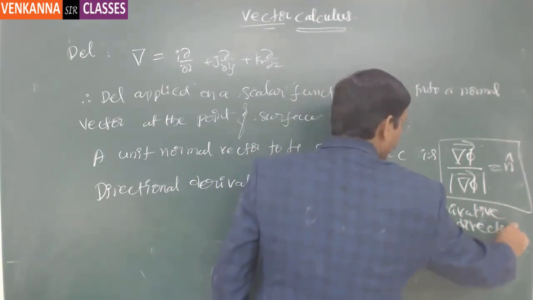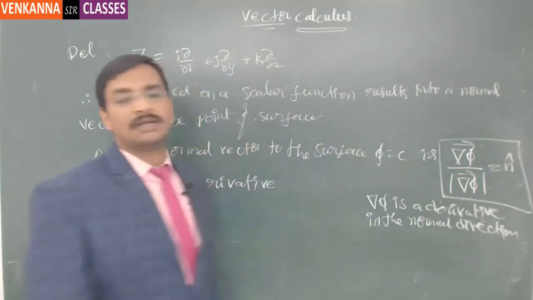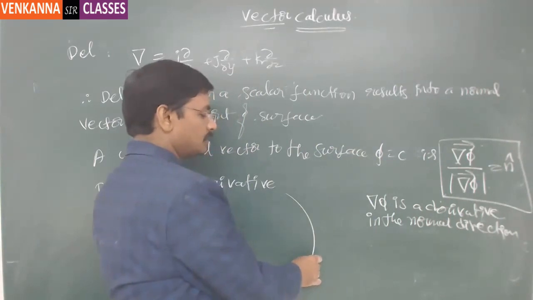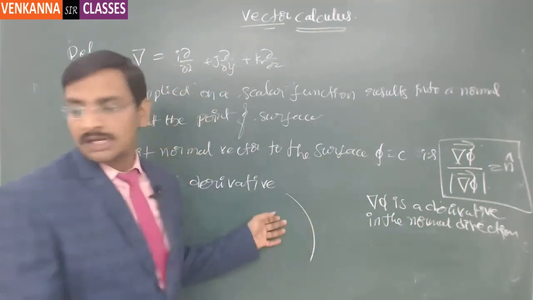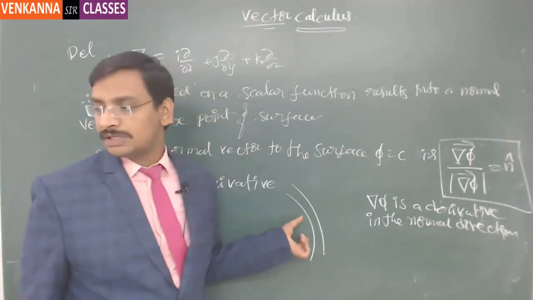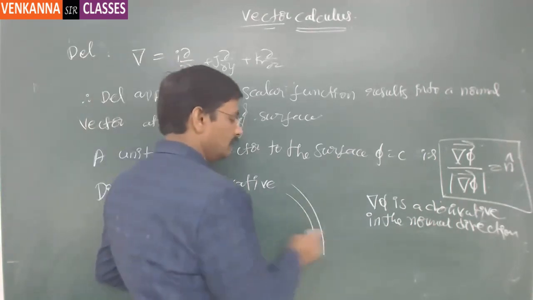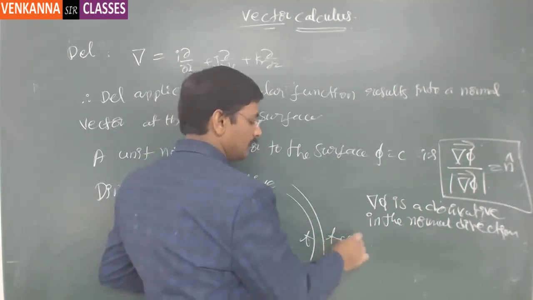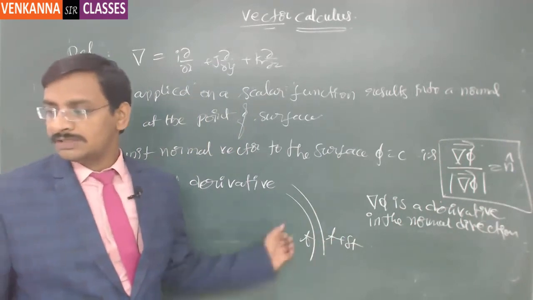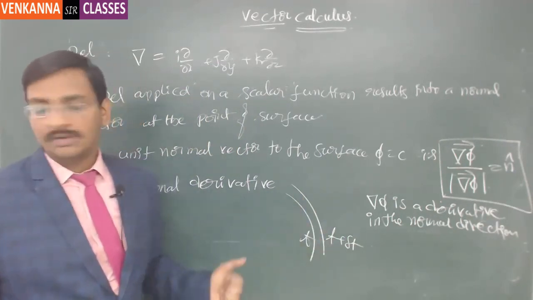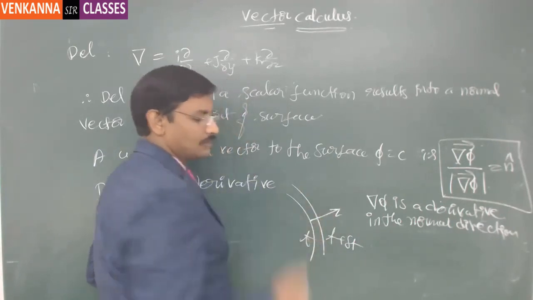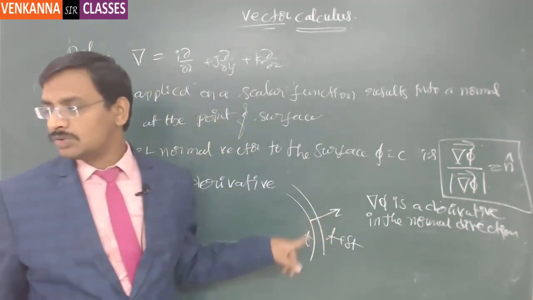Now if you want the derivative value in a specific direction, consider a surface like this which keeps on expanding. Let us say this is another surface, a new surface after a certain time. Initially at t equal to 0 it is this, and at t plus delta t it is this new surface. The expansion will obviously be maximum in the normal direction to the surface.